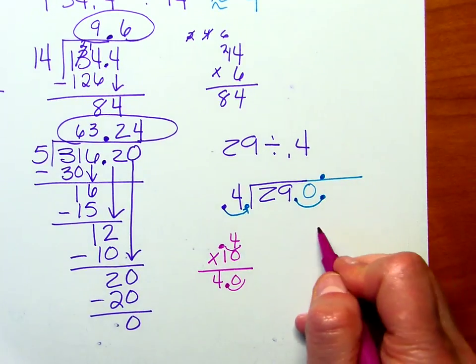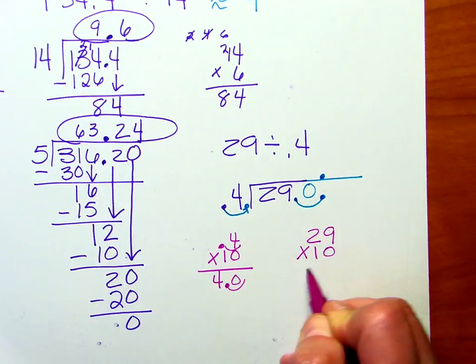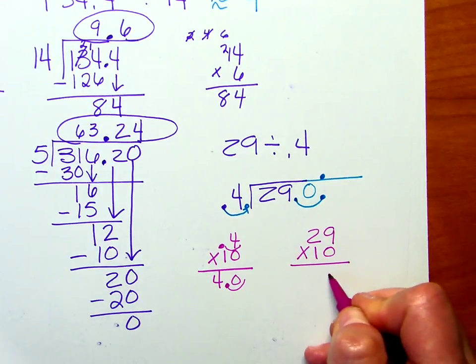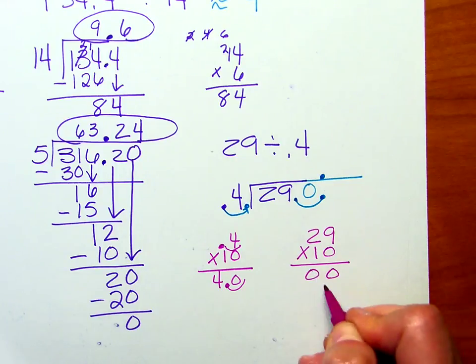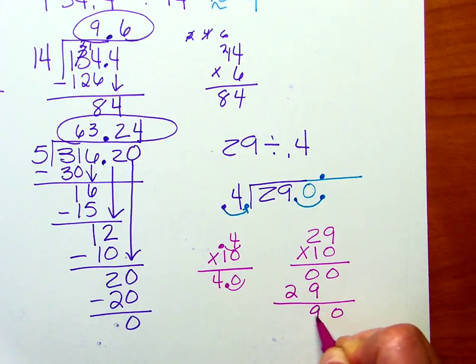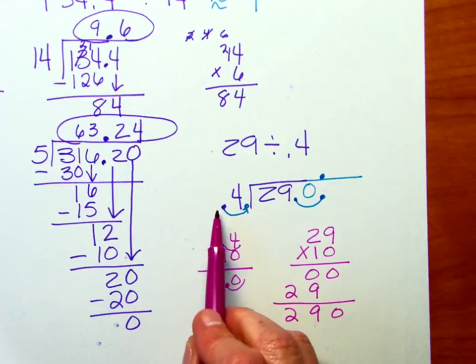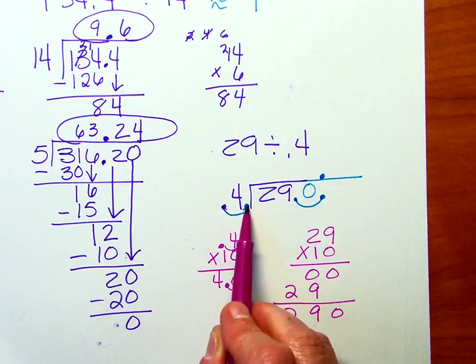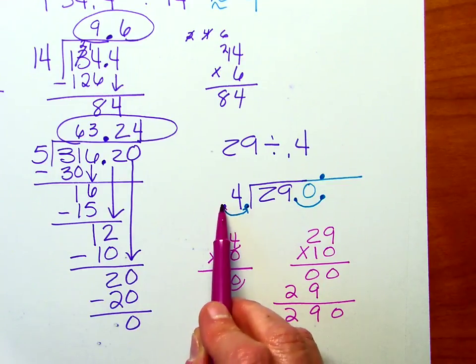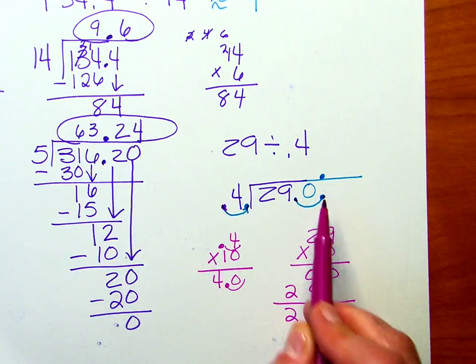When we take 29 and multiply that by 10, we're going to get 290. So notice we haven't really changed the problem. All we've done is move the decimal place over 1 in both the divisor and the dividend.